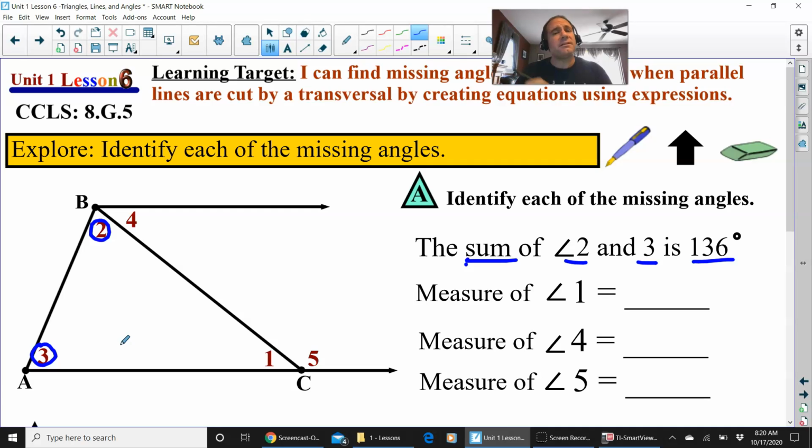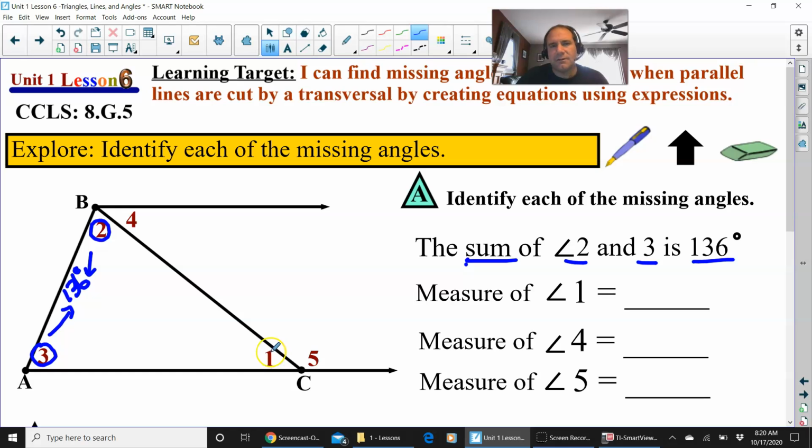It says that the sum of them, when you add them together, equals 136 degrees. So I'm going to put right in between them 136 degrees. So it's this one plus this one. So the question is asking you, find the measure of angle 1. So it's this one.